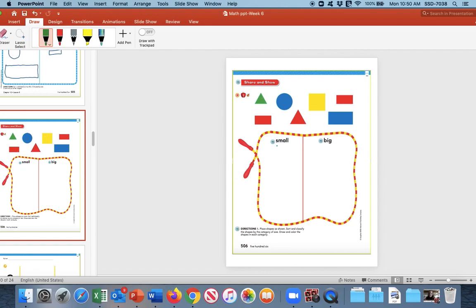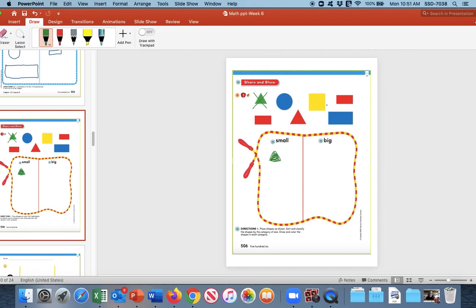So this is going to go down here. So let's go ahead and draw a green triangle, a green small triangle. And you can go ahead and color it in now with your crayons. I'm going to kind of do scribble coloring because I don't have a fat crayon to do that with. And then we can cross this out because we know we already took care of that shape.